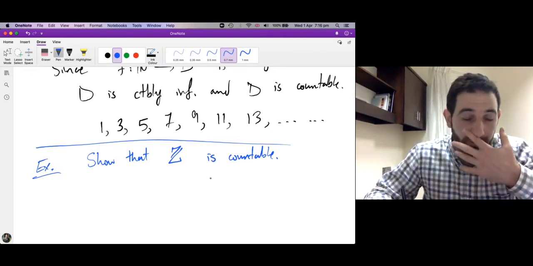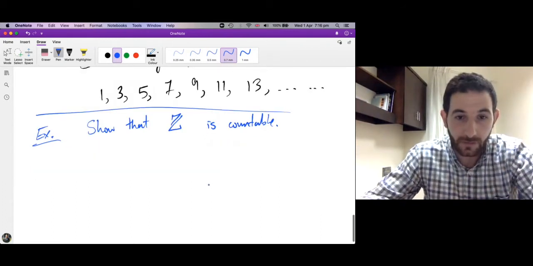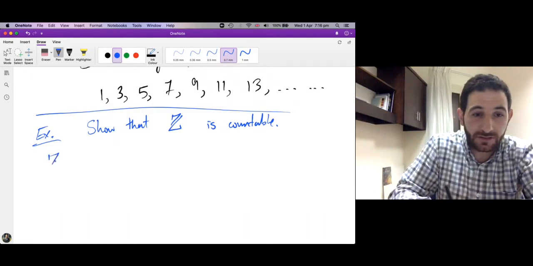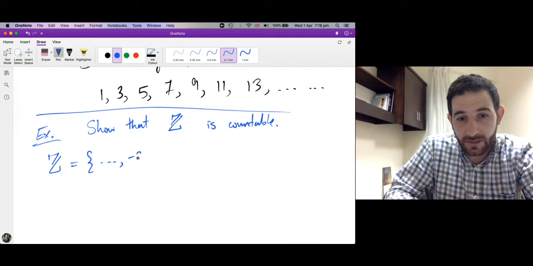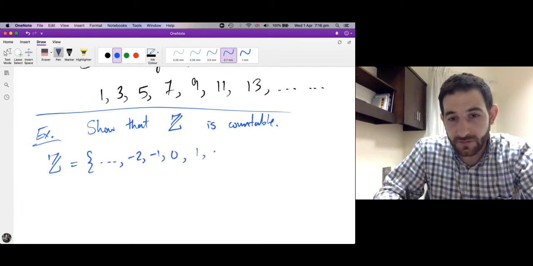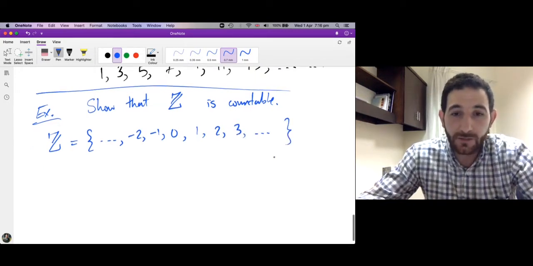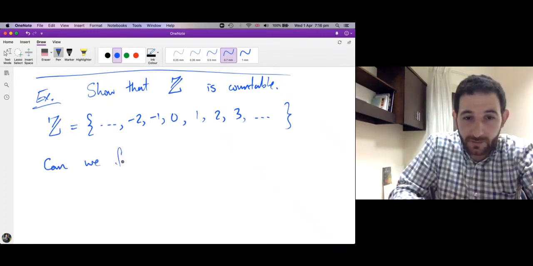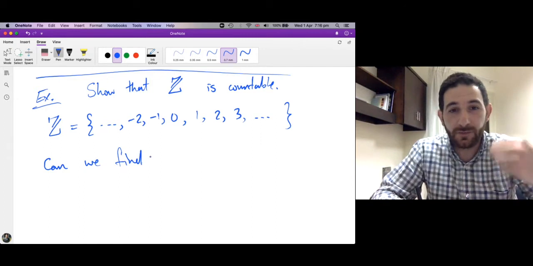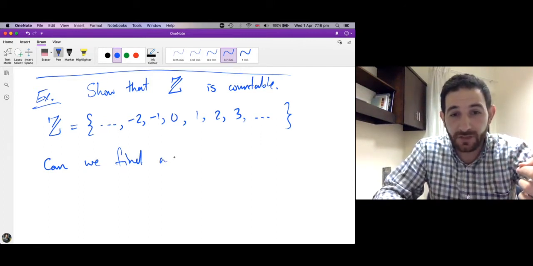In other words, we can list the elements of the set. Remember, what are the integers? This is the set of all negative whole numbers, 0, and the positive whole numbers. Now we want to show Z is countably infinite, which means we need to find at least one bijection. Can we find a bijection?